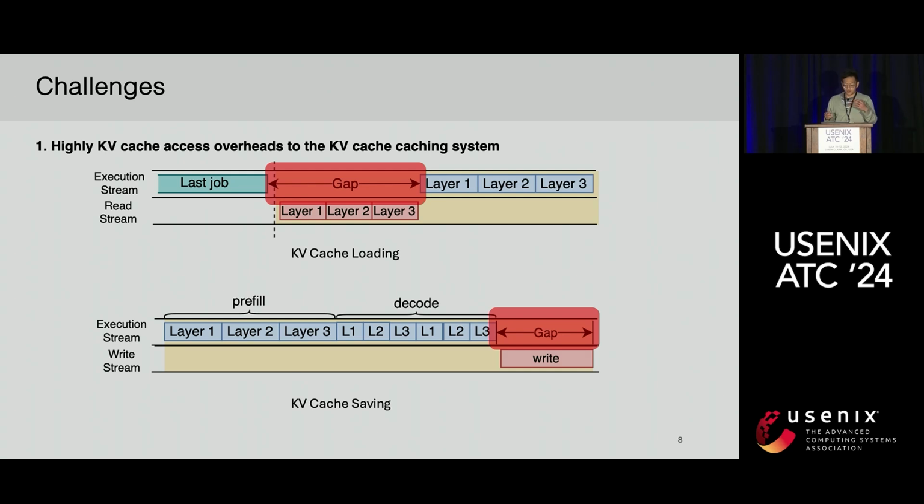So the loading time can create a gap between the last job and the current job. And also for KV cache saving, after a request is finished, the GPU needs to save the KV cache from the last request to the KV caching system. So there will be a gap for writing the KV cache into the KV caching system.